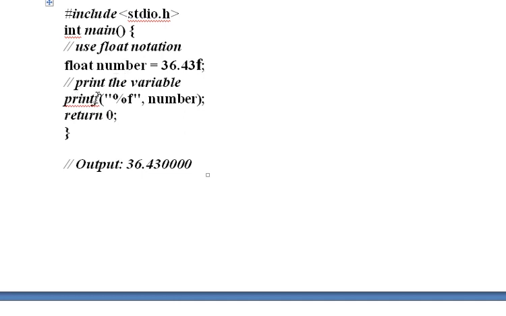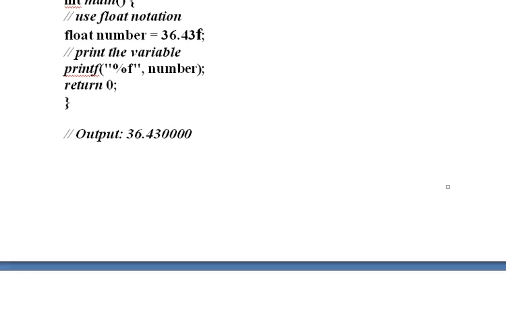Printing the variable, exactly as we wrote in the last coding. Percentage f is the specifier which specifies the number, 36.43, and the output will be exactly 36.43. It won't take the f, because whatever the floating number is, only the number it will execute. So you should remember this floating notation will add the f to floating numbers like 36.43.